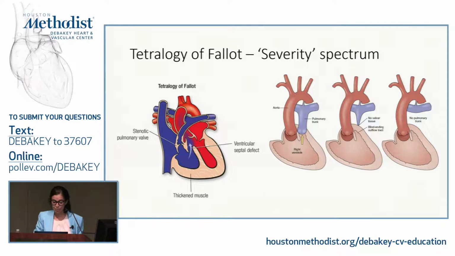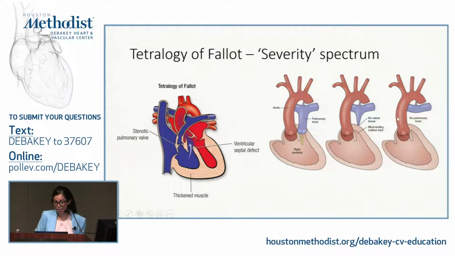Not all tetralogy of Fallot patients are the same. There is a severity spectrum, and we could have a full seminar to discuss that. But today, for the sake of time, I'm just going to say that you can have patients who have RVOT obstruction and plus or minus pulmonary stenosis, and then you can have patients who have tetralogy of Fallot with pulmonary atresia, where there is no valvular tissue.